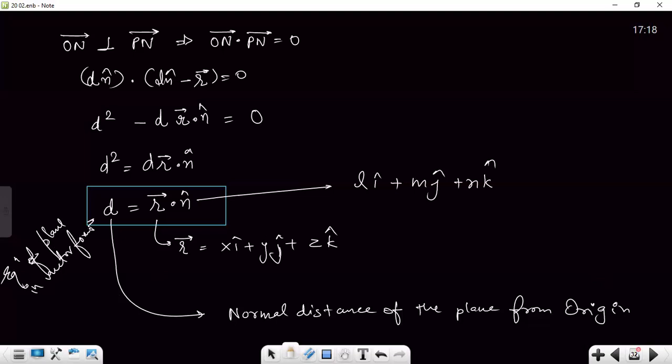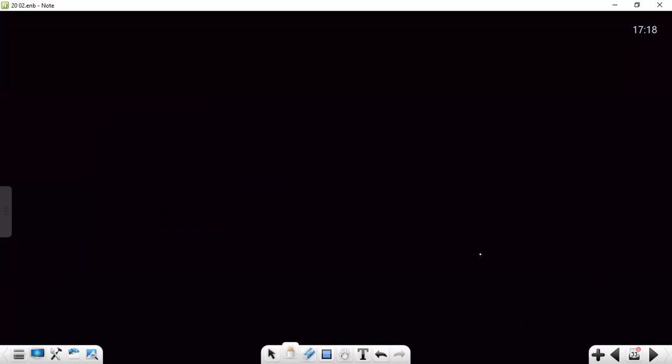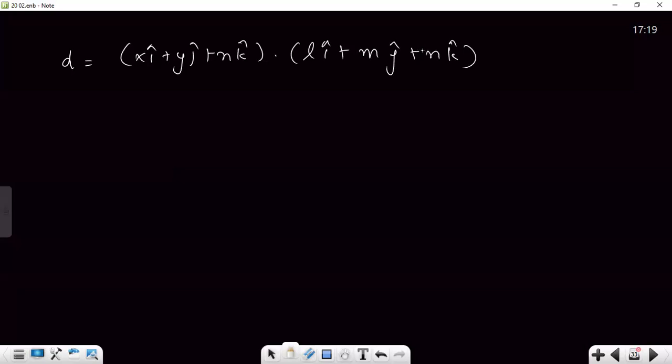Now let's change it into the Cartesian form. How do we do it? D is D only. R vector is xi cap plus yj cap plus zk cap. Dot product with n cap, which is l i cap, m j cap, and n k cap. So D equals, now the dot product.